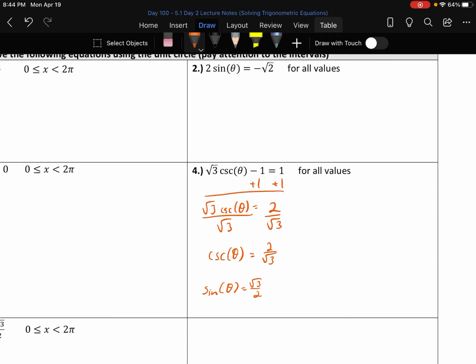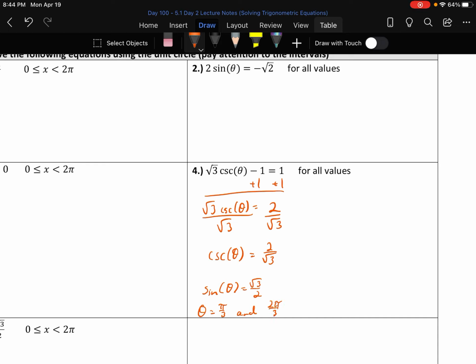It's a lot easier to figure out where sine is equal to square root of 3 over 2 as opposed to trying to figure out where cosecant is equal to 2 over square root of 3. So you look up the values on the unit circle and you would see that sine of theta is equal to square root of 3 over 2 at pi over 3 and 2 pi over 3.